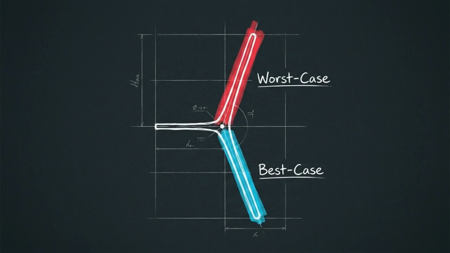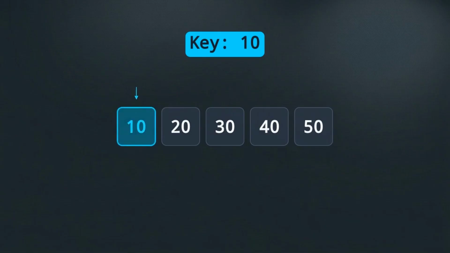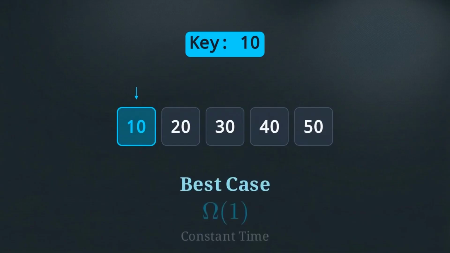Let's look at a functional software pattern where the best and worst-case execution times diverge. A standard linear search algorithm scans sequentially through an array until it finds a target key. In the best-case scenario, the algorithm searches for a key that happens to be sitting right in the first index position.